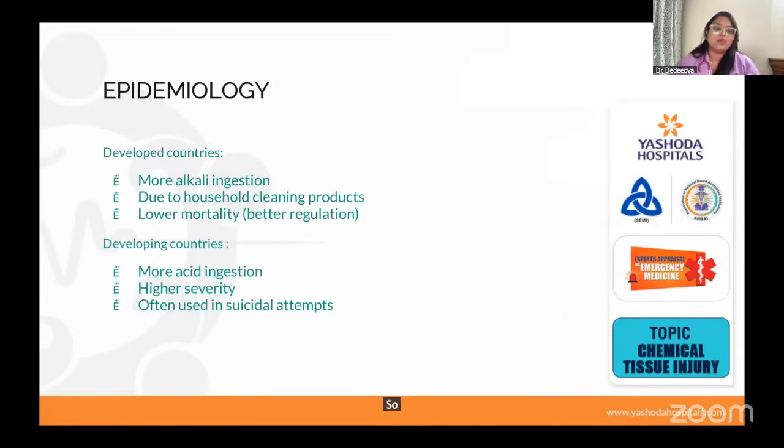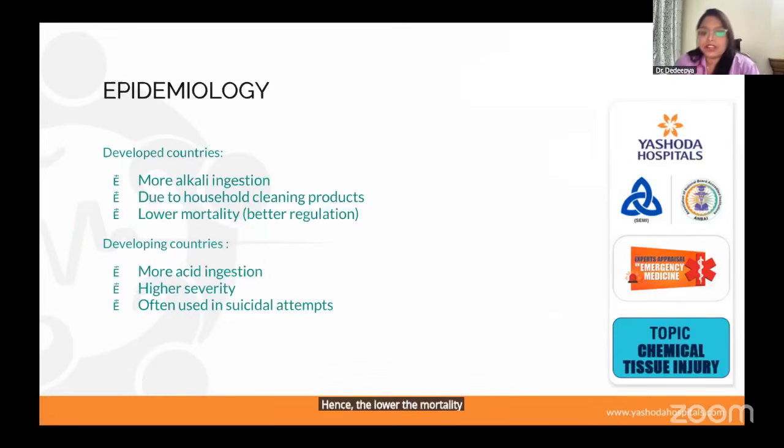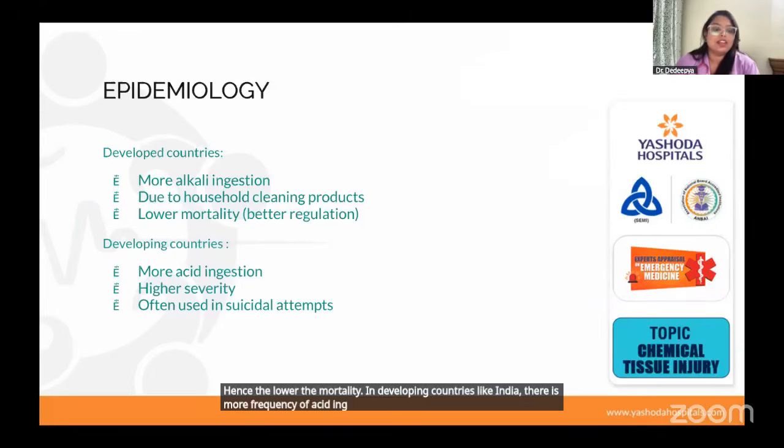Coming to epidemiology, this is one poisoning that is consumed equally in developing and developed countries. Developed countries are more prone to alkali ingestion because of more household cleaning products, and there is better regulation, hence lower mortality. In developing countries like India, there is more frequency of acid ingestion and higher severity, often used mostly in suicidal attempts.